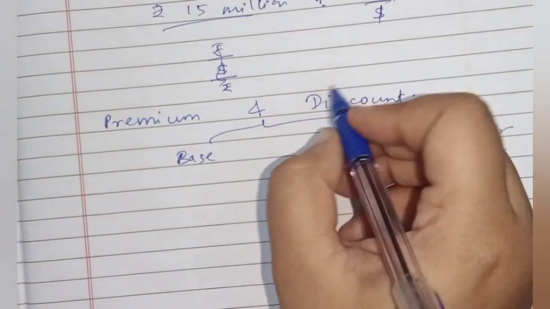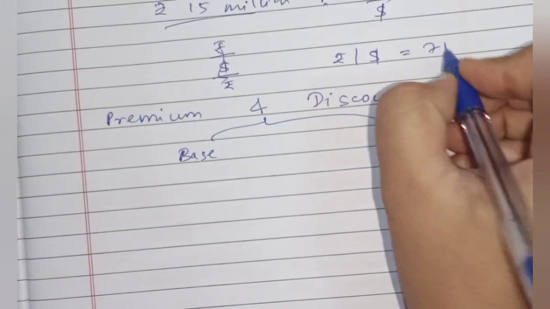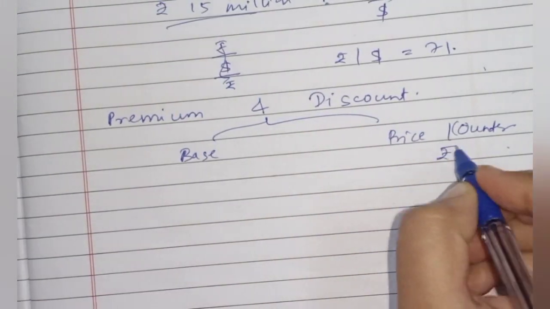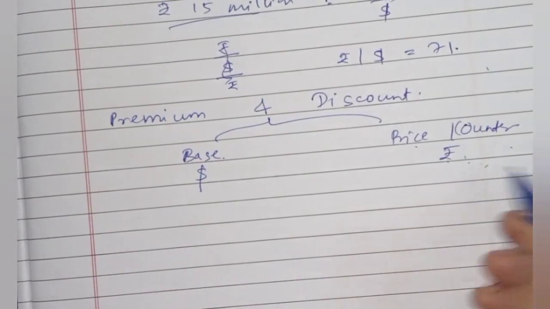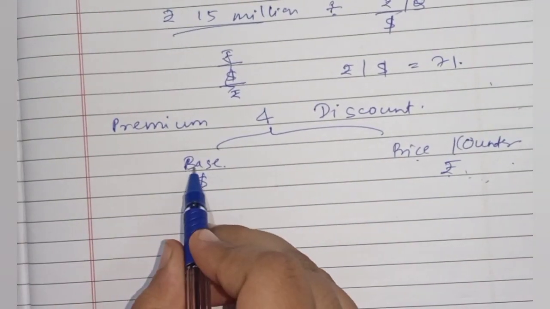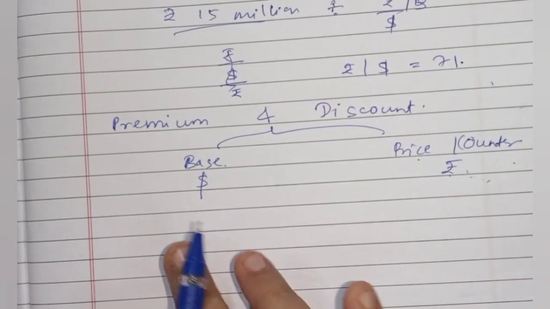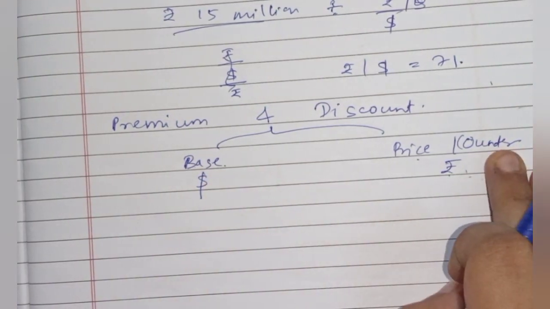So in our most favorite example of rupee per dollar equal to 71, the base currency is dollar and the price or counter currency is rupee. The formula for both premium and discount is the same, but it will differ whether you are calculating it for base currency or for price or counter currency.